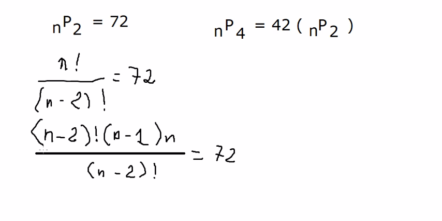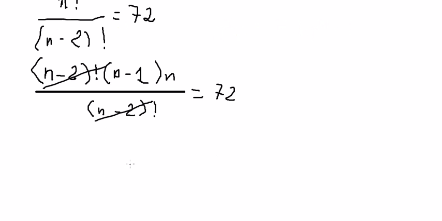So we simplify this one and we get n multiplied with n minus 1 equal to 72.